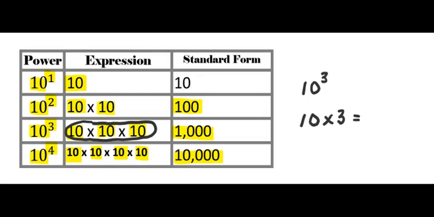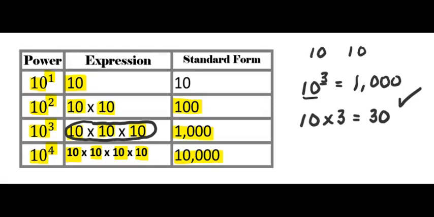Well, 10 times 3 equals 30. 10 to the third power equals 1,000. So you can see they do not mean the same thing. So we need to be careful and remember that we're not just taking 10 times the exponent. The exponent is telling me I need 3 10s that I will multiply together to get the answer of 1,000.